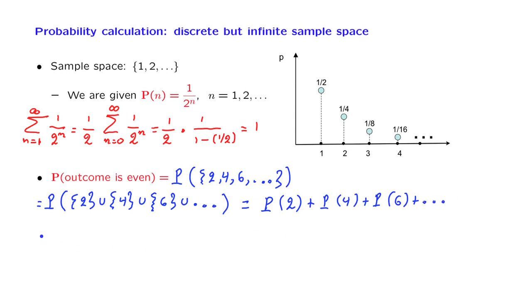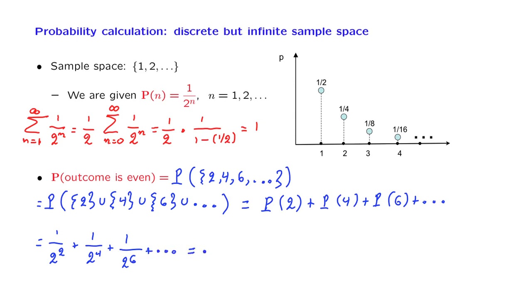If you're curious about doing this calculation and actually obtaining a numerical answer, you would proceed as follows. You notice that this is 1 over 2 to the second power plus 1 over 2 to the fourth power plus 1 over 2 to the sixth power, and so on.